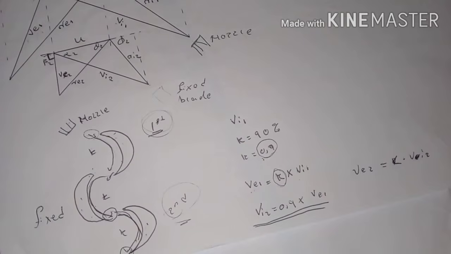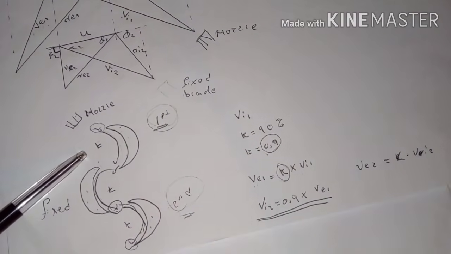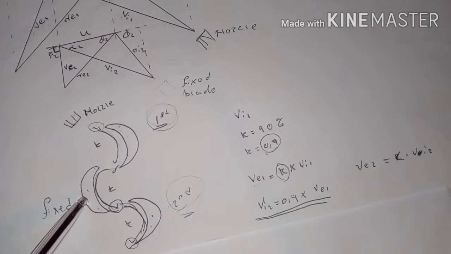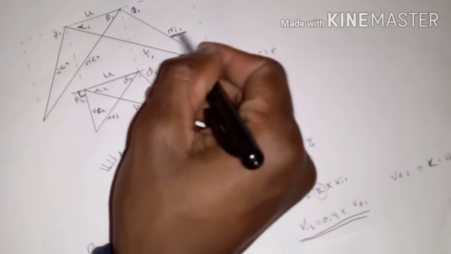Unless you are told that the coefficients are not equal, or that here we have the coefficient of friction as so and so, and here there is no friction. In that case, you only consider the coefficient of friction where you were told to consider it. You can also use the coefficient of friction to get the relative velocities.